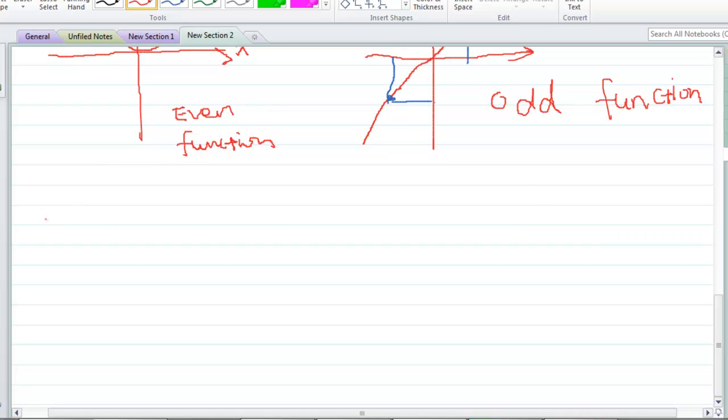There are two properties with respect to even functions and odd functions. When it's an even function, we have f(x) equals f(-x). So when you plug in the positive value and the negative value, you have the same y value, right? We can go back to the graph and see.